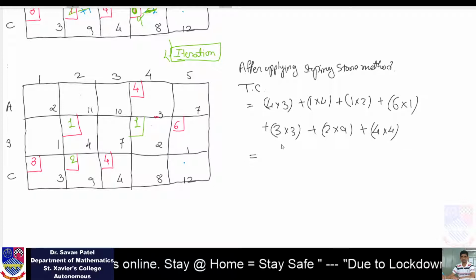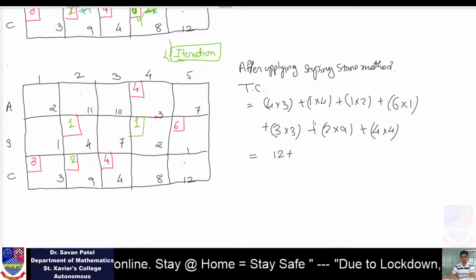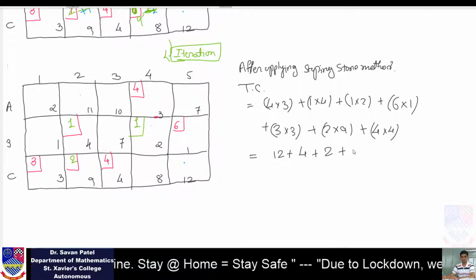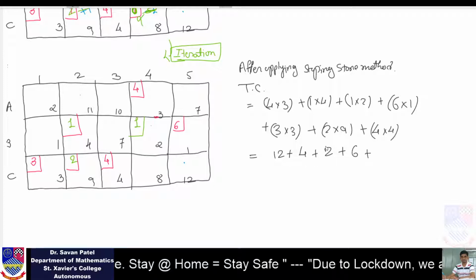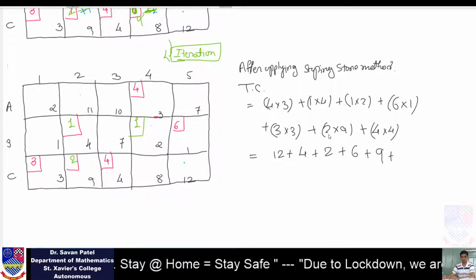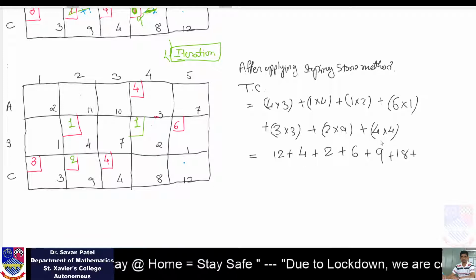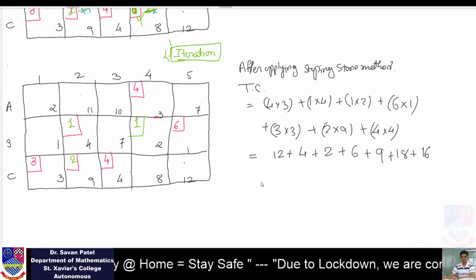So 4 times 3 is 12, plus 1 times 4 is 4, plus 2 times 1 is 2, plus 6 times 1 is 6, plus 3 times 3 is 9, plus 2 times 9 is 18.